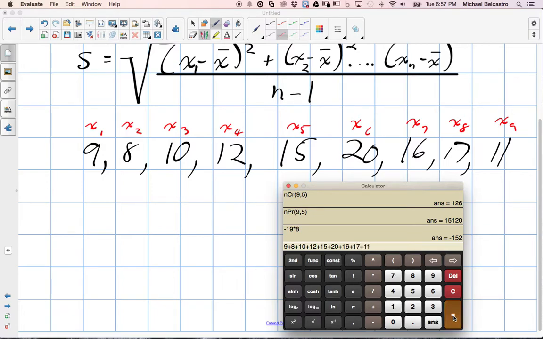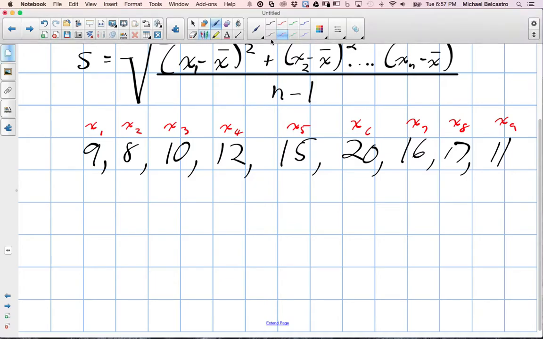Okay, so all of this we're going to divide by the number of terms, and we figured out there were 9 terms. So our mean is 13.1 repeated. Okay, so that works out good. We have a mean, and I'll write 13.1 repeated.